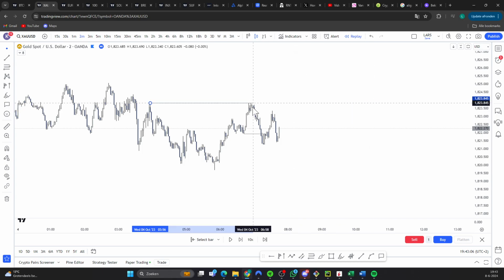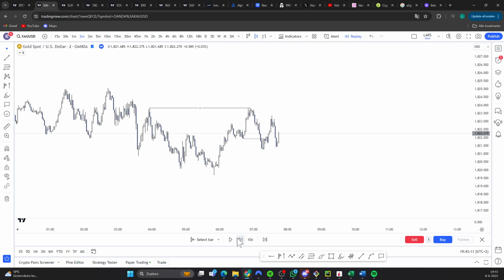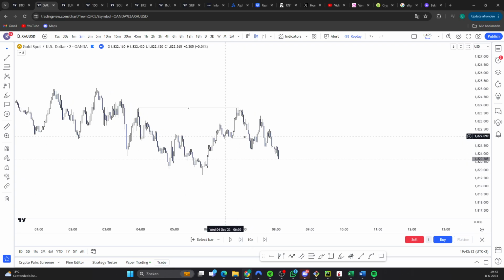This is actually an SFP, ever so slightly. And you broke back to bearish there.